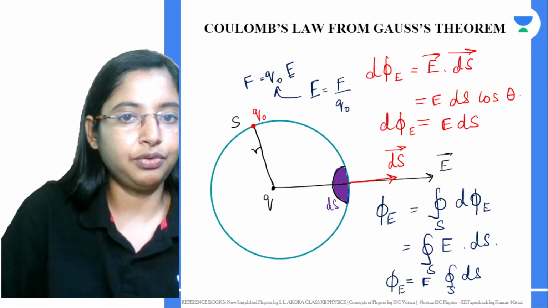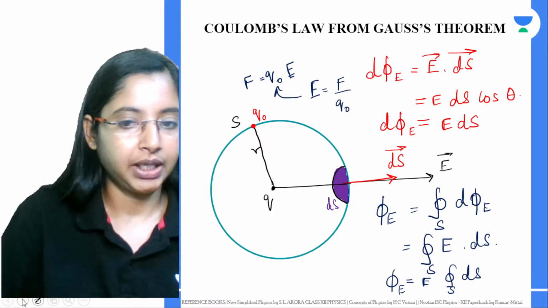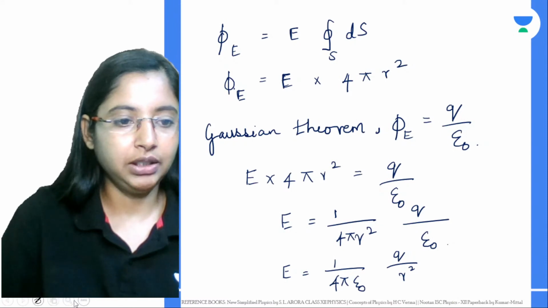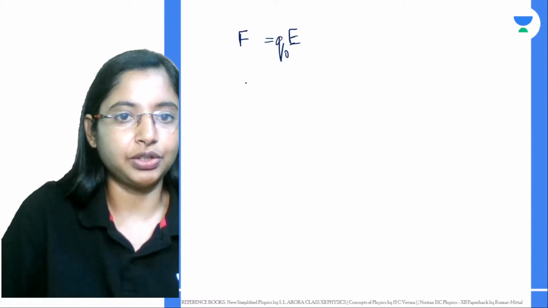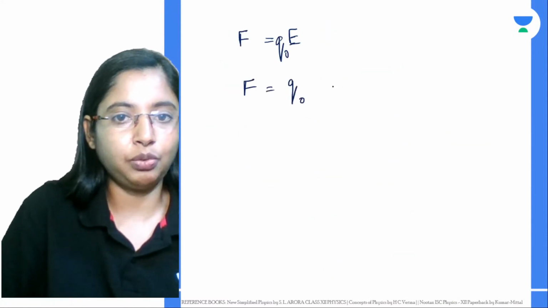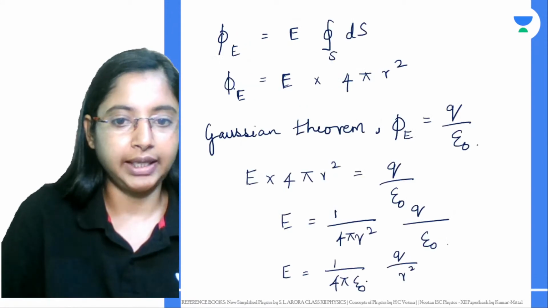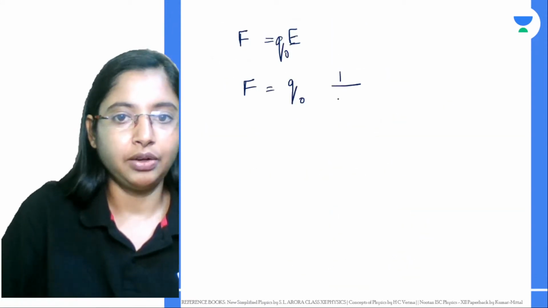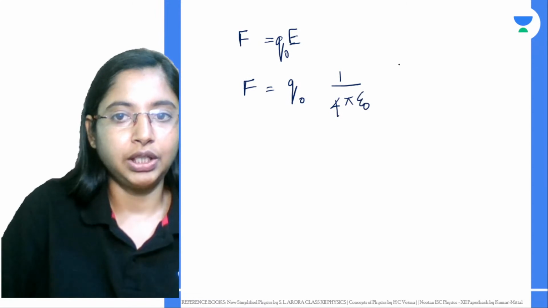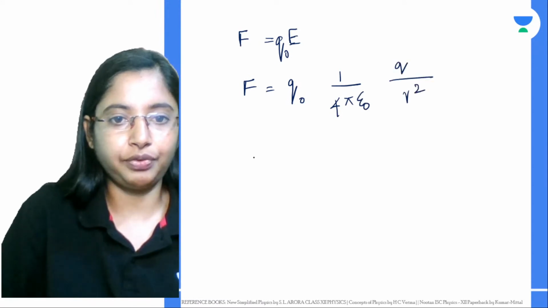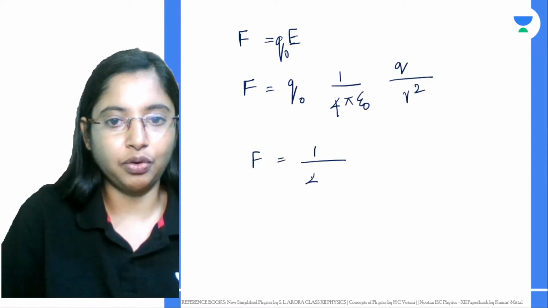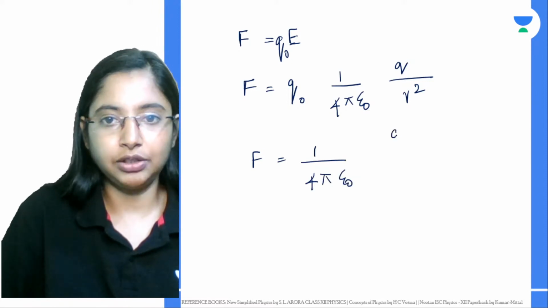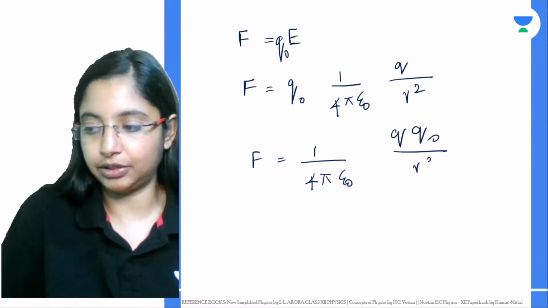From there you get force is equal to Q naught into E. Now we already know E, we just found it over here: 1 by 4 pi epsilon naught Q by R square. So F is 1 by 4 pi epsilon naught Q Q naught divided by R square.